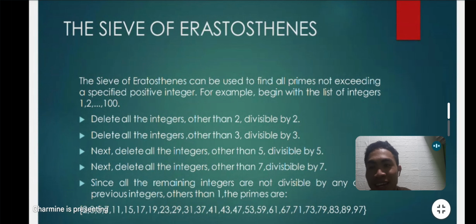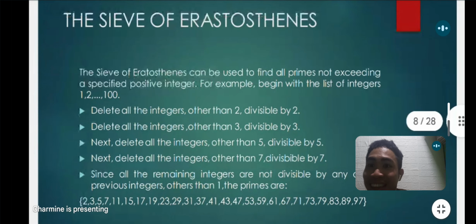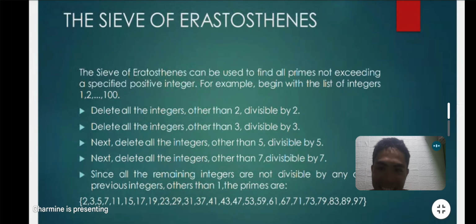Delete all the integers other than 3 divisible by 3. Next, delete all the integers other than 5 divisible by 5. Next, delete all the integers other than 7 divisible by 7.